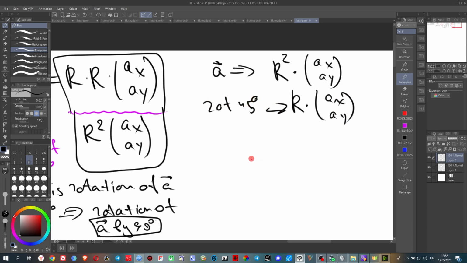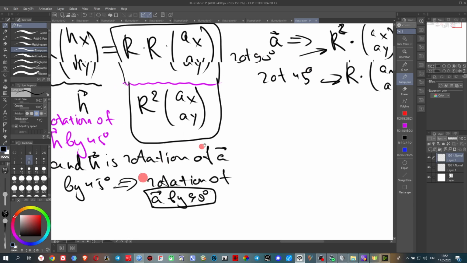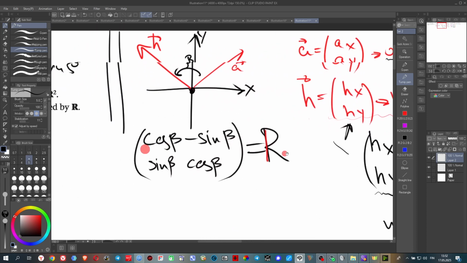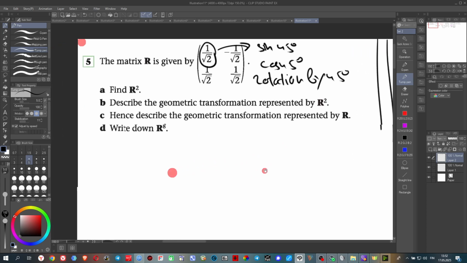But once we multiply it by r square, it would be a rotation by 90 degrees with respect to origin. So once we have 2 here, it means 2 rotations by 45 degrees. Very simple to understand, and here it will help us to solve our problem.